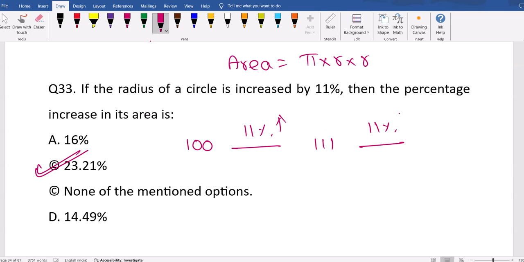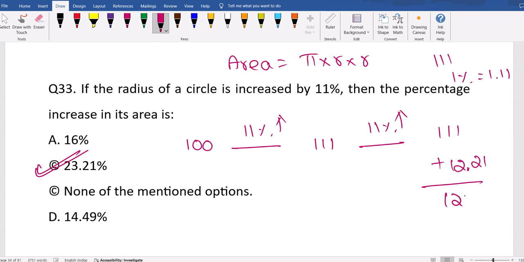Again 11% increase, so there are two impacts. 1% of 111 is 1.11, so for 11% we multiply by 11, which gives 12.21.